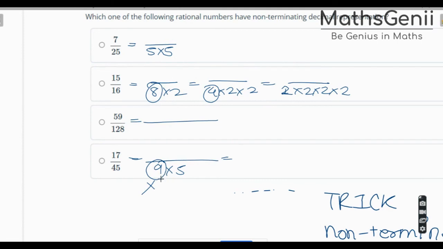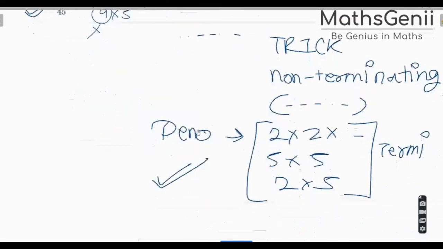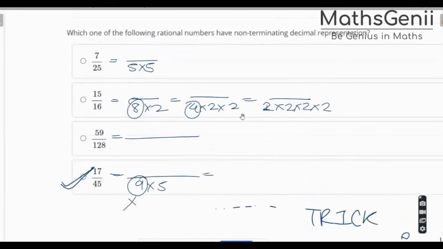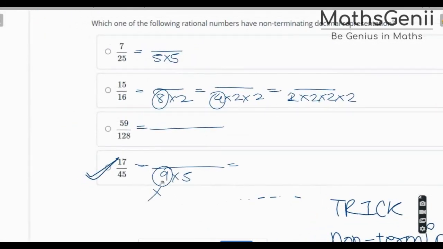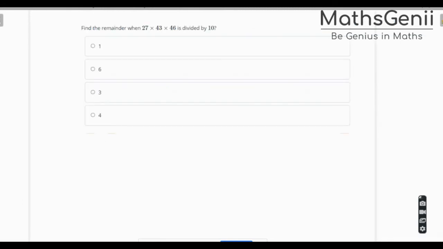But here you don't have 2 or 5. You have some other number, 9. So your answer is this. So the trick is, if only 2 or 5 comes in the denominator, then the answer is terminating. But if there is anything other than 2 or 5, then the answer comes in dot dot dot format, that is, non-terminating.